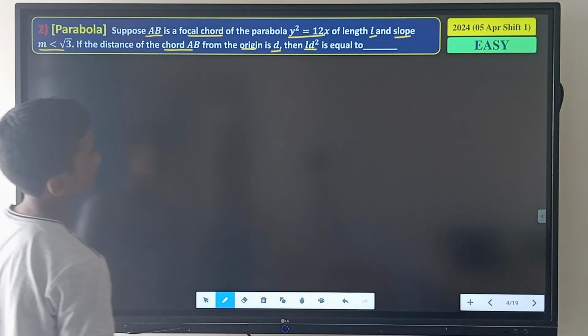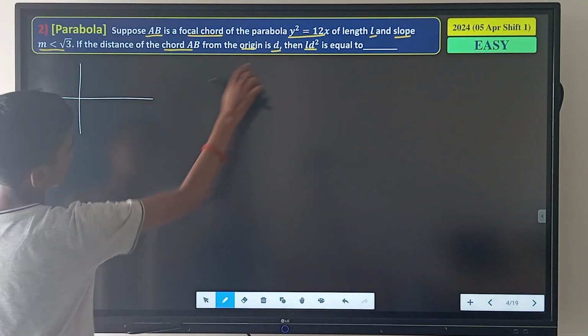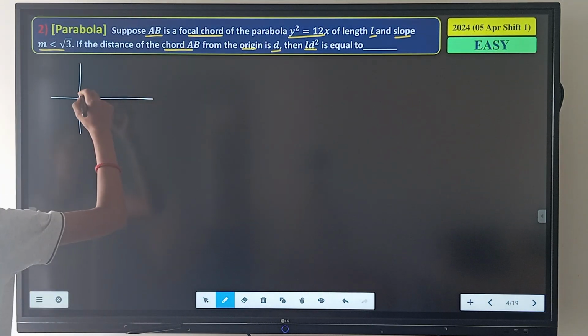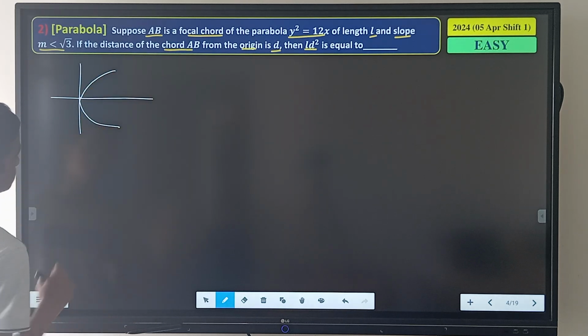Now first I will make a rough graph of this parabola. So the graph of our given parabola will be of this type.